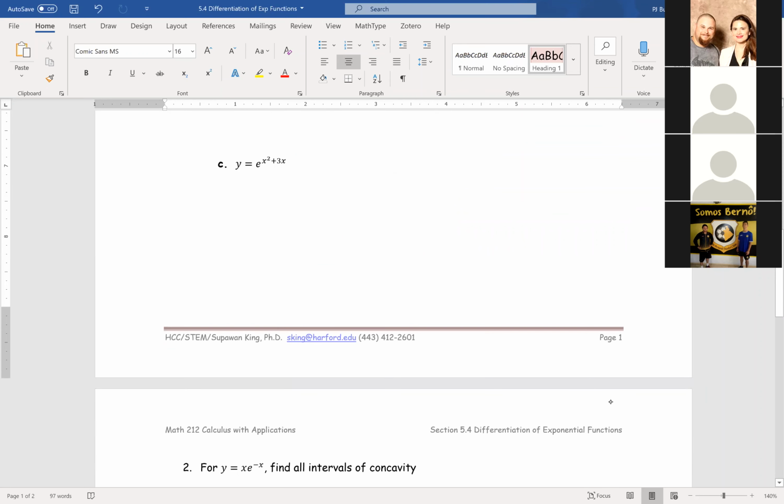Here's one where we've got e to some other power. So when I differentiate, I still get back e to that power, but I have to multiply by the derivative of that power, which in this case is 2x plus 3.